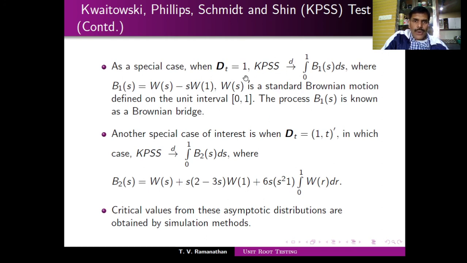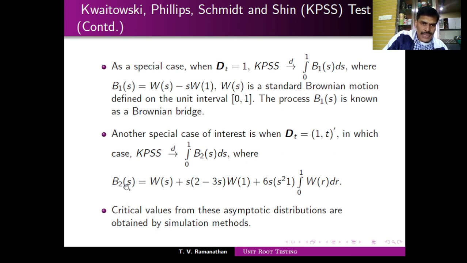You can see how this differs as dt changes. Even though it doesn't depend on the betas, if you change your dt, this is going to change. So if I take beta'dt with dt as the vector (1, t), which corresponds to a linear trend, so beta naught plus beta 1 t, then the KPSS converges to the integral from 0 to 1 of B2(s)^2 ds, where B2(s) is also a function of W(s), and W(s) is standard Brownian motion.